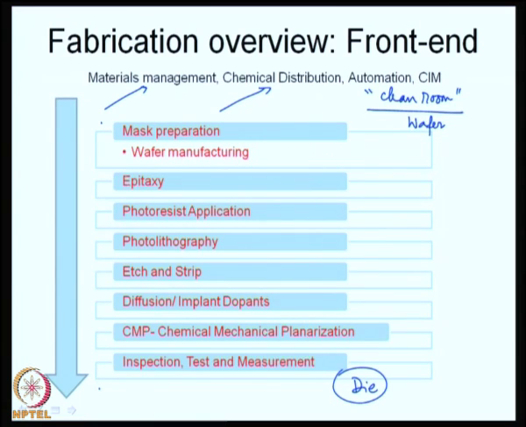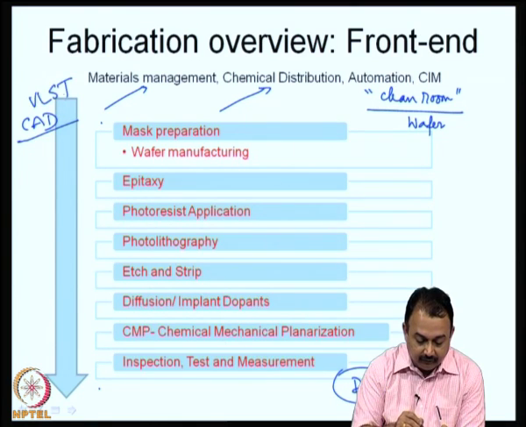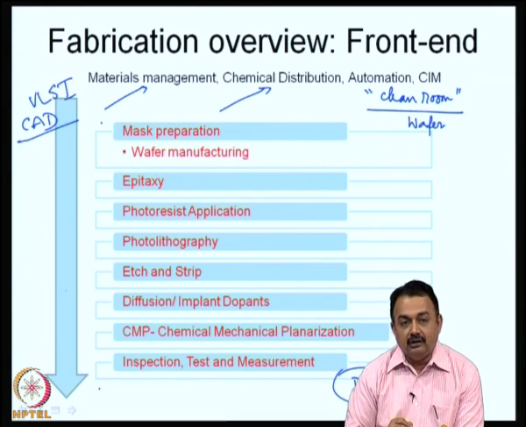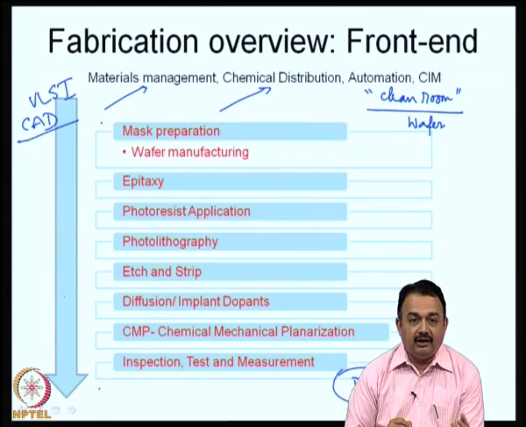The first thing is, if you want to prepare a die, prior to this some CAD work is being done. Okay. So, you call it a VLSI CAD, and out of this a mask is produced, that is a design depicting the interconnections generated from the CAD output.